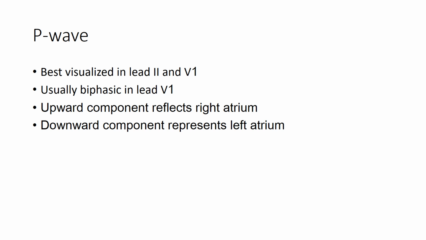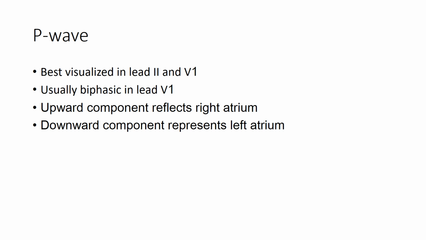So as the right atrium is the first one to depolarize and it is located somewhat anteriorly, that is close to the lead V1, so the direction of flow of current during right atrial depolarization is towards lead V1.